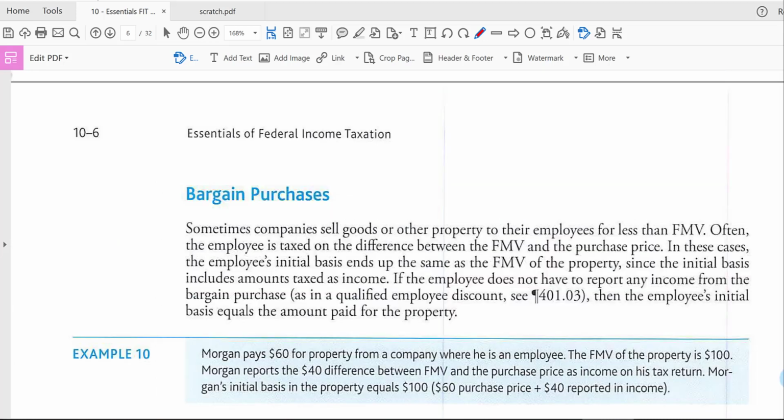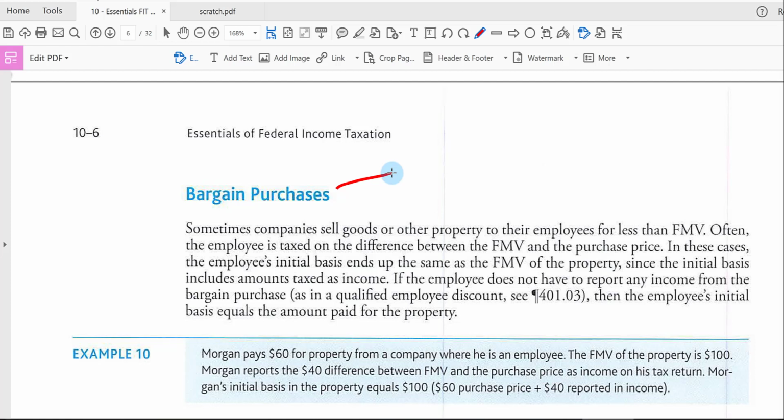So another way, well, let's talk about bargain purchases. If you remember back in chapter 3, where we had fringe benefits for employees, one fringe benefit would maybe be employers allowing employees to buy property at a discounted price.